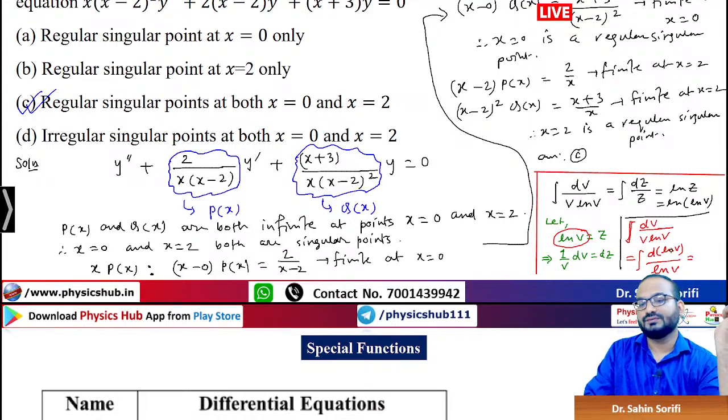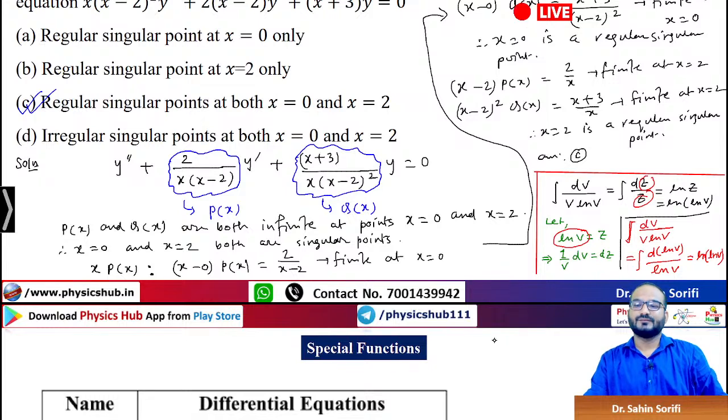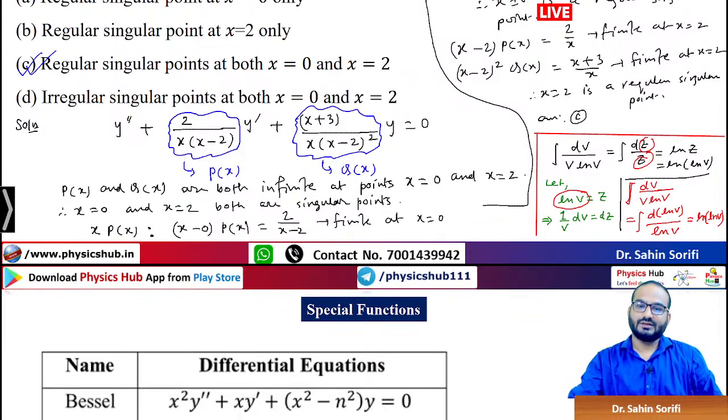Now instead of substituting, you can consider ln v as a variable. So it is in the form of dz by z. As a result we write ln z if z was there. So what will you write here if ln v is there? ln of ln v.